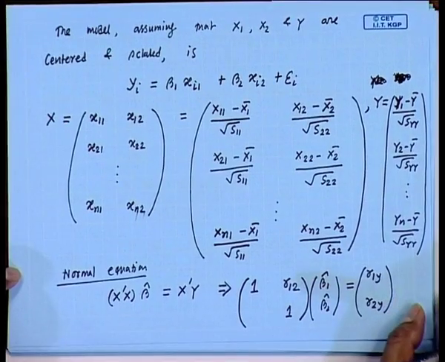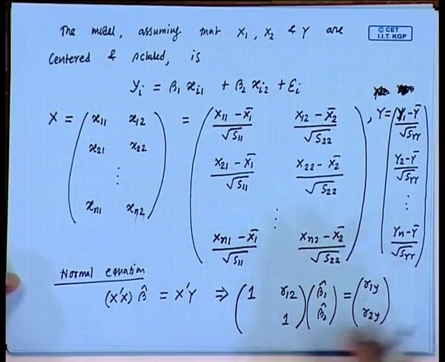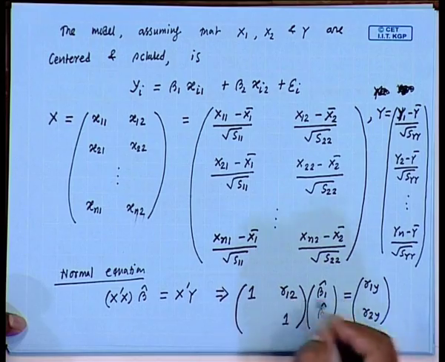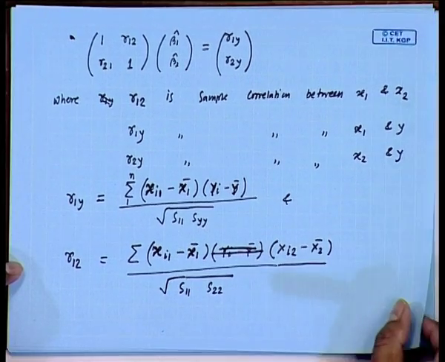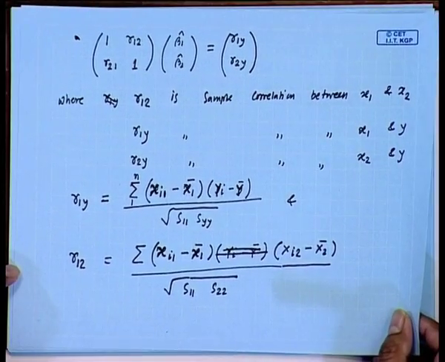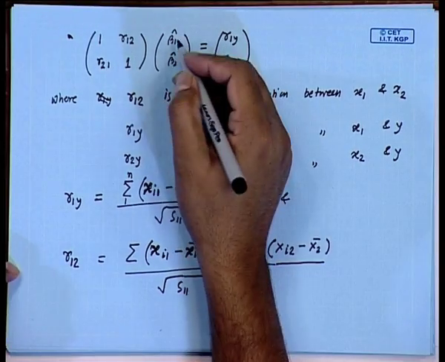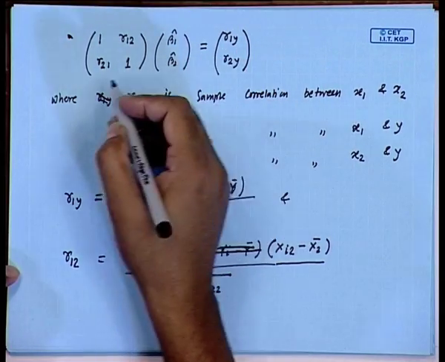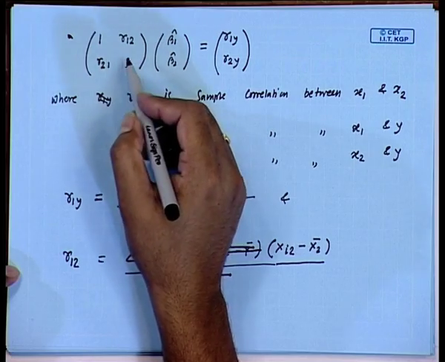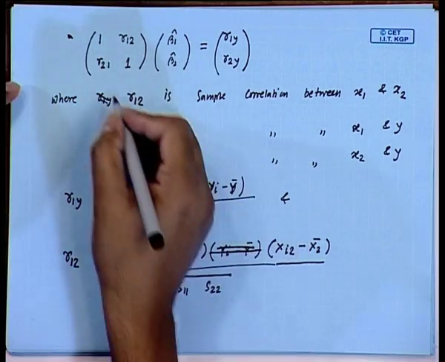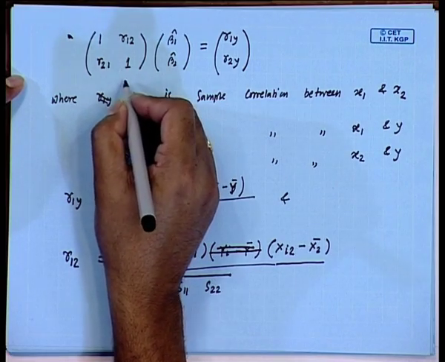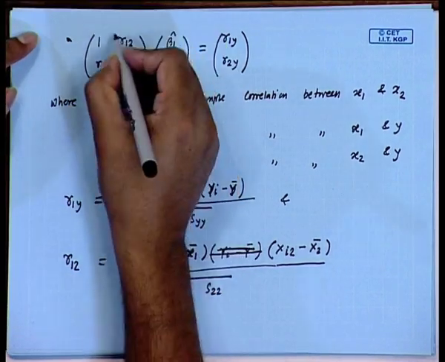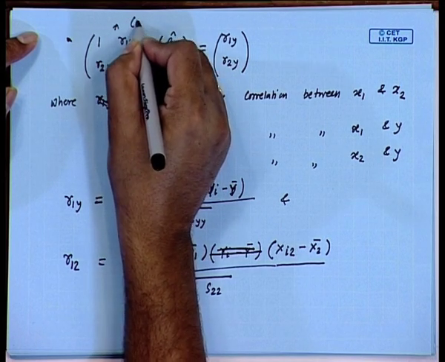So, you can check why this element is R12, the sample correlation between the regressors x1 and x2. Okay. Now, to get beta 1 hat and beta 2 hat, we need to compute the inverse of this matrix. This X prime X matrix is now called the correlation matrix.